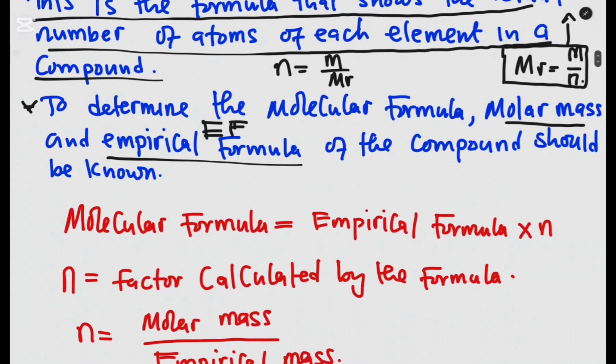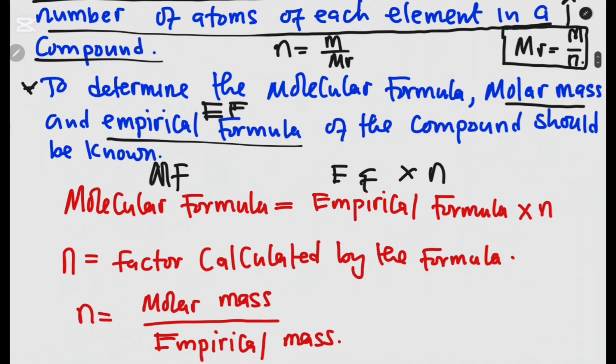So how do you look at it now in terms of a formula? Molecular formula equals empirical formula multiplied by n. If you want to find the molecular formula, you need to make sure that you multiply the empirical formula by n. Since you found the empirical formula previously, which means you have it, how do you then find n, or what is n?